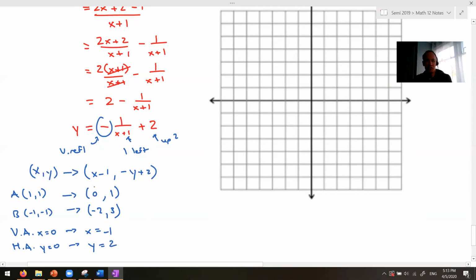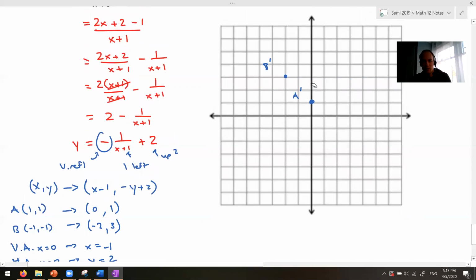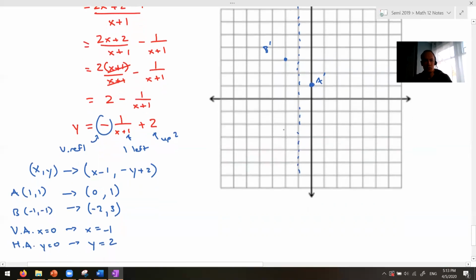So we plot these points. 0, 1 is going to be right here for A prime. B is going to be negative 2 and 3. This is looking weird, but I think it's going to work out. X is equal to negative 1 is my vertical asymptote, and y is equal to 2.